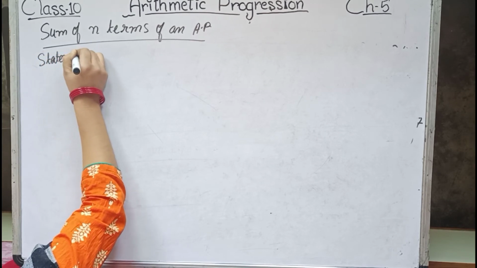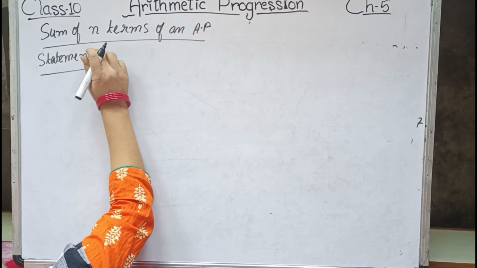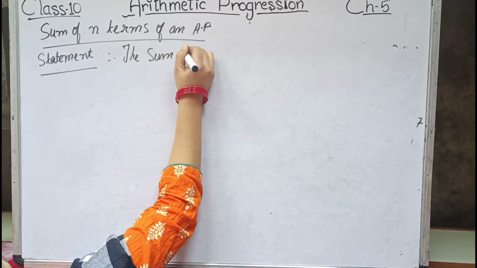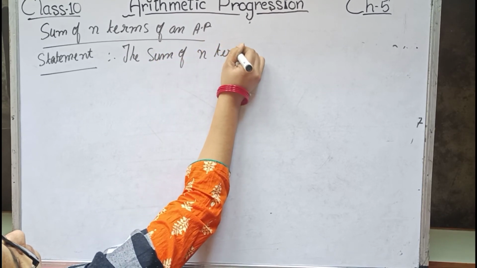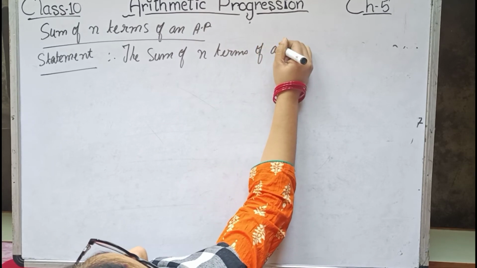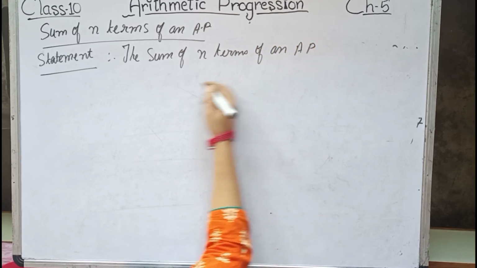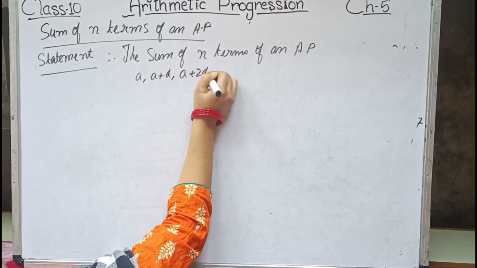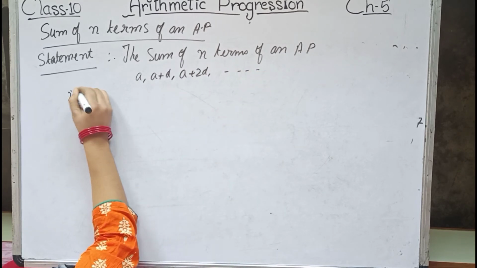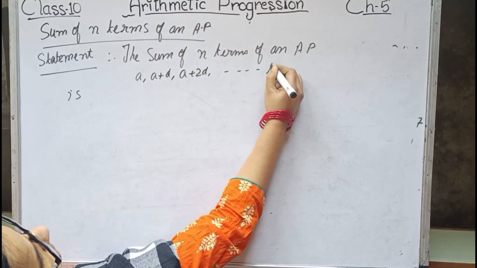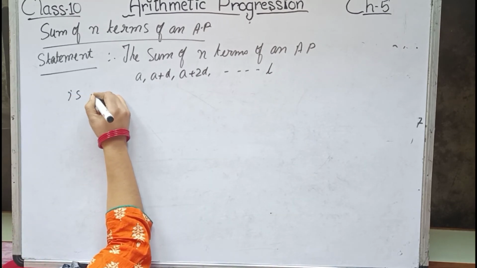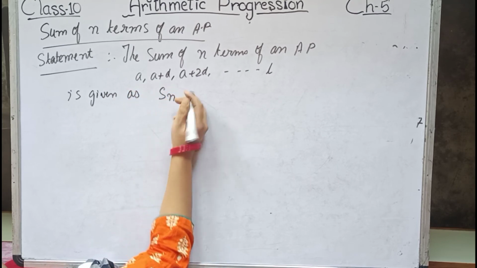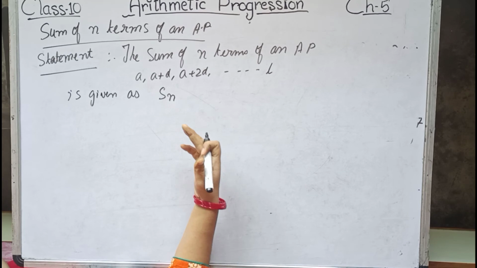Statement: the sum of n terms of an AP a, a plus d, a plus 2d and so on, let us consider the last term as l, is given as Sn, S for sum and n for number of terms.